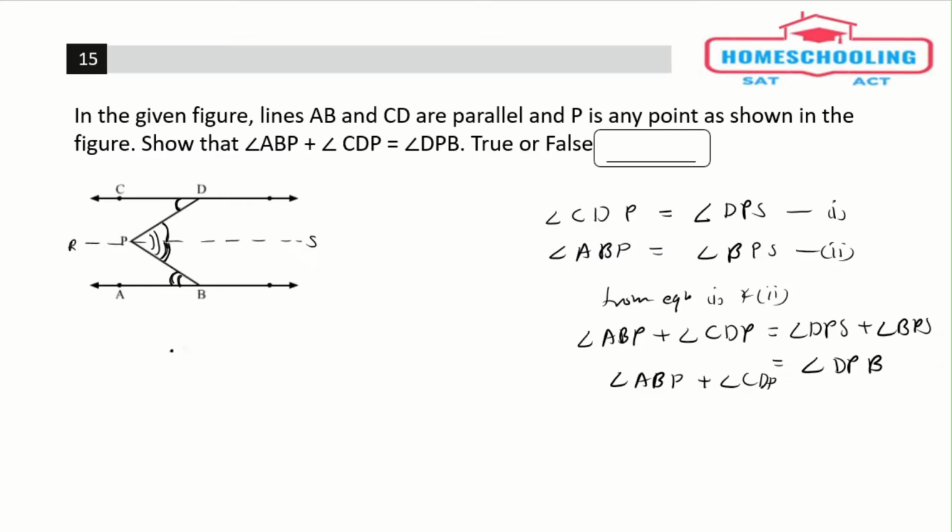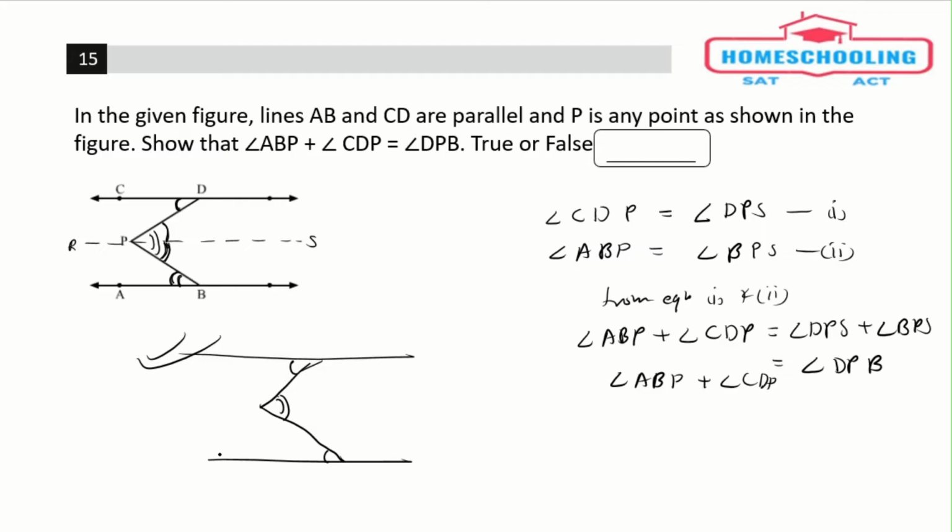So you always have to remember that the sum of these two angles would always be equal to this angle. You might find a few more questions like this, so you have to remember this.